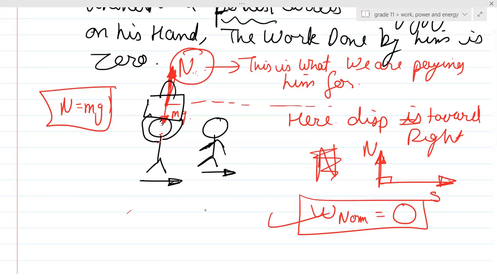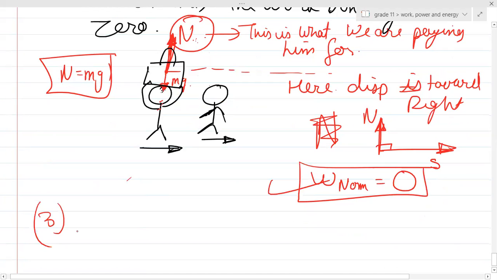Sir, I have another example. Please give it. Sir, farmer is this one. What do you say? Hoeing. Sir, farmer is taking a hoe and he's plowing his field. He's applying force downwards and then he's pulling it towards himself.